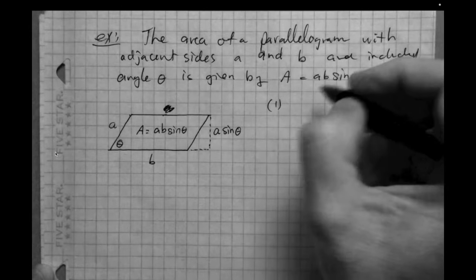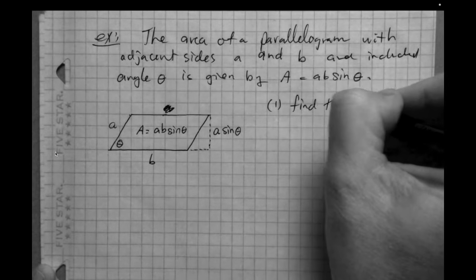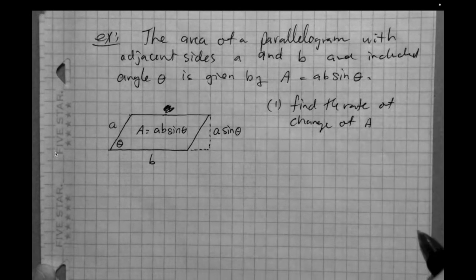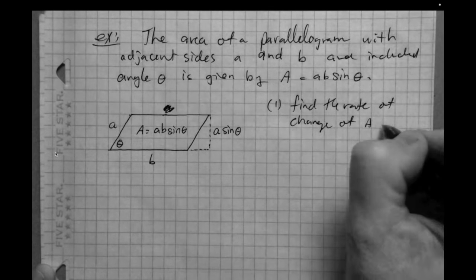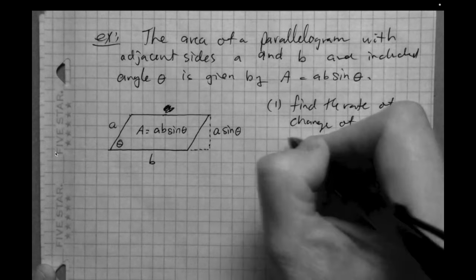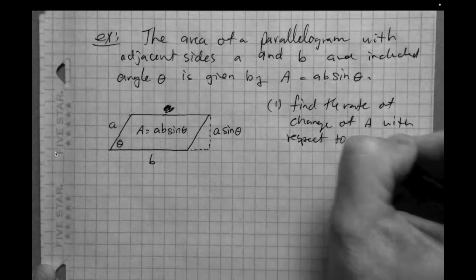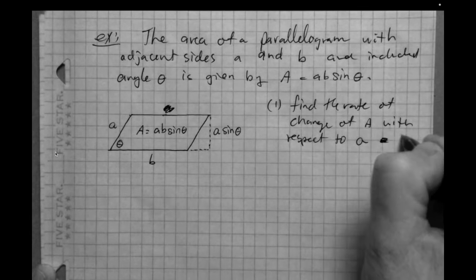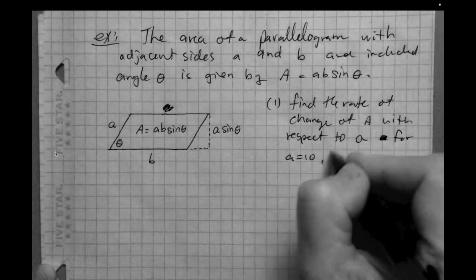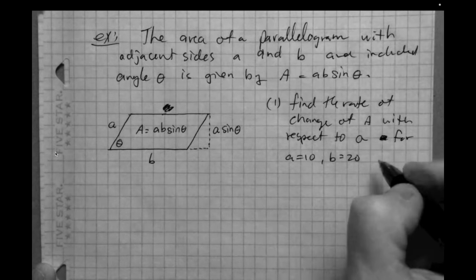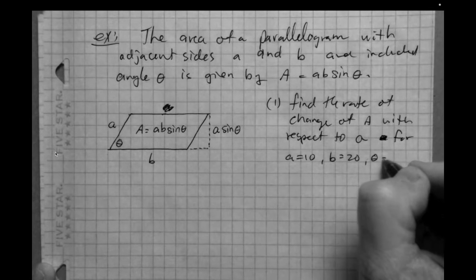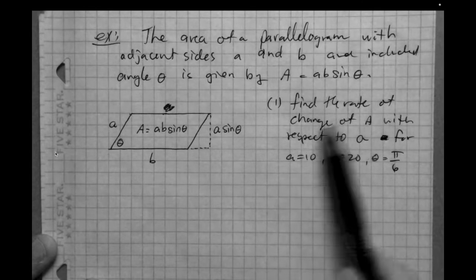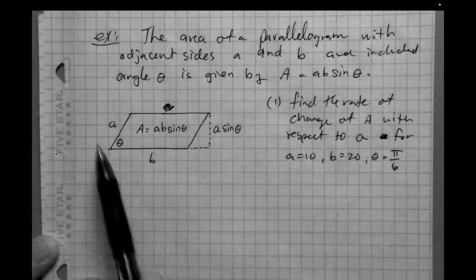Find the rate of change of A with respect to little a for specific values: a equals 10, b equals 20, and theta equals pi over 6. Okay, so what's the rate of change of the area with respect to this side?